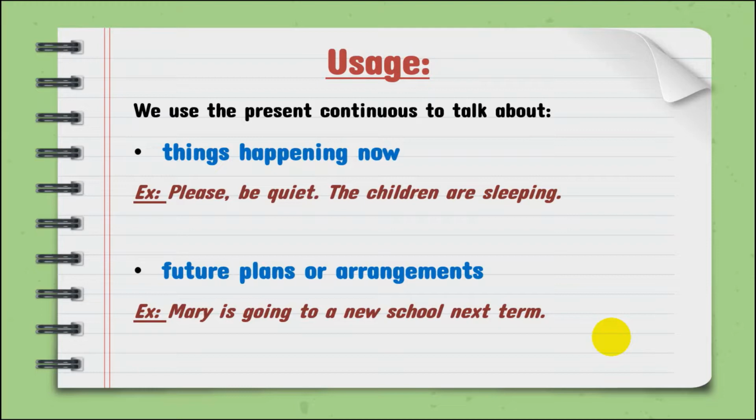And the second one, we use the present continuous to talk about future plans or arrangements. For example, Mary is going to a new school next term. So these are the uses of the present continuous tense.